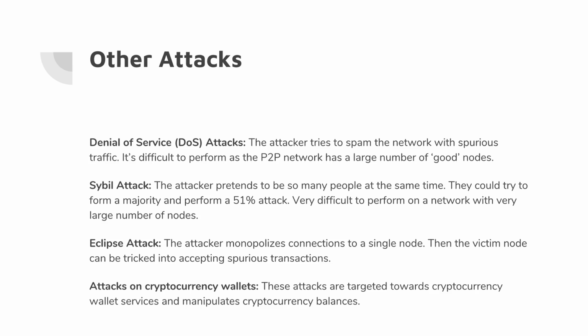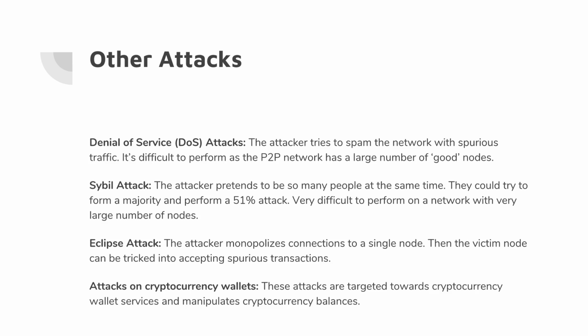A Sybil attack is one in which the attacker pretends to be so many people at the same time. They could try to form a majority and perform a 51% attack. Since it is publicly accessible, the client software can be run by anybody on the internet. A single party could just keep creating more and more parties to form a 51% majority.